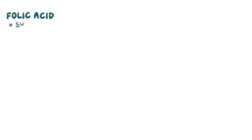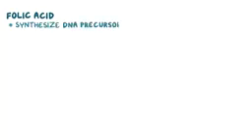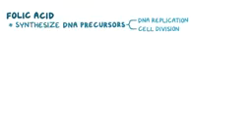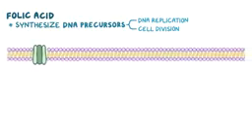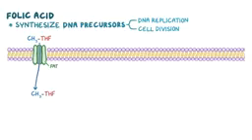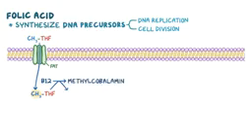Folic acid is used to synthesize DNA precursors, which is essential for DNA replication and cell division. On target cells, there's a specialized membrane protein called folic acid transporter, or FAT, which moves the circulating methyl THF inside the cell. Once inside, methyl THF transfers its methyl group to vitamin B12, ultimately making methylcobalamin and free THF in the process.